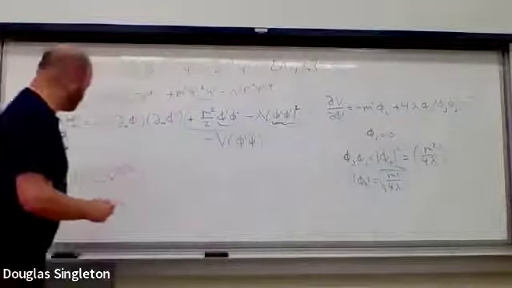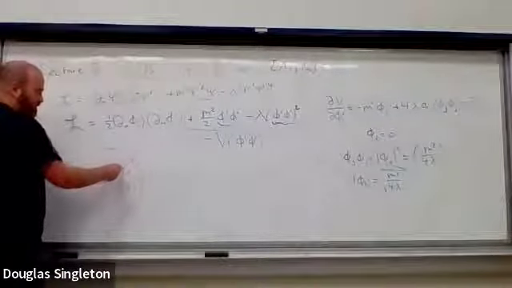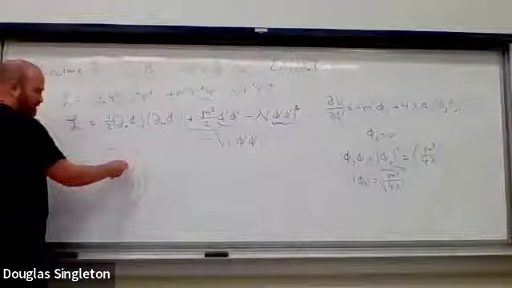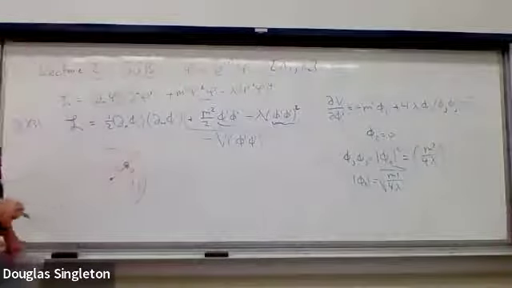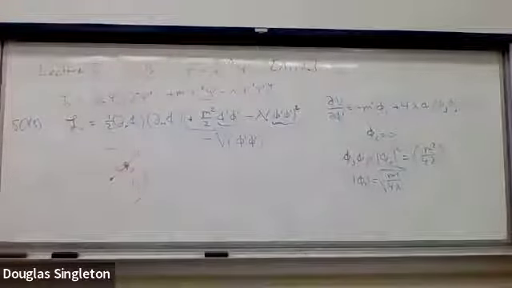So again, this is all the fields at 0, and this is shifting to that new minimum, like so.